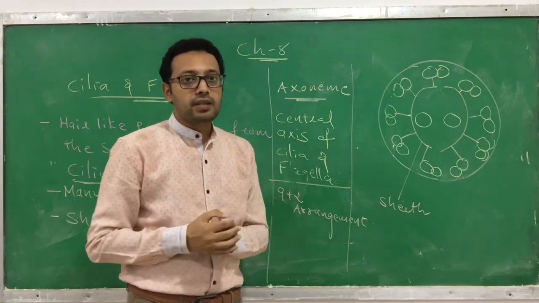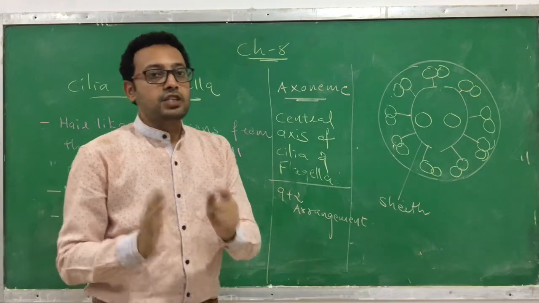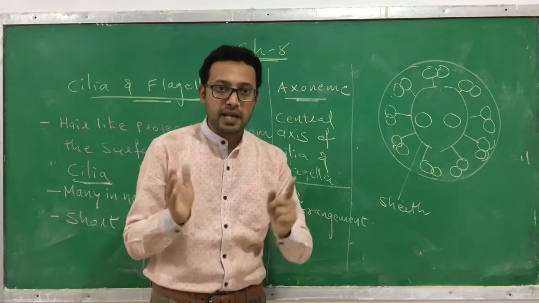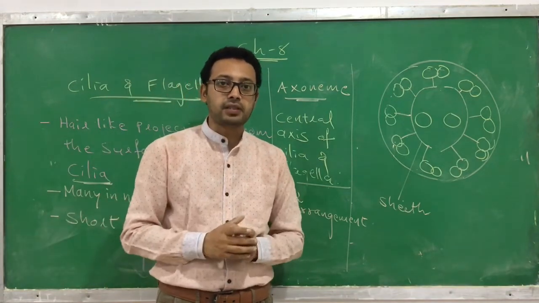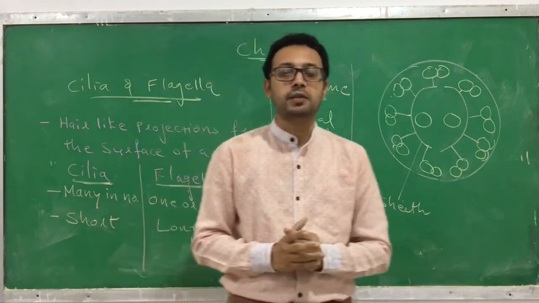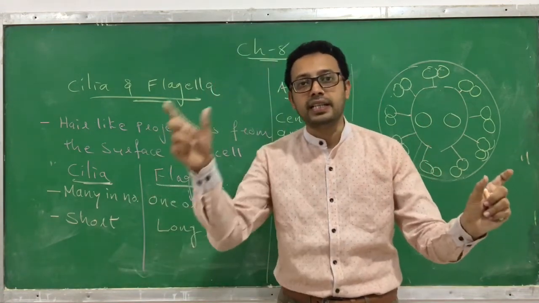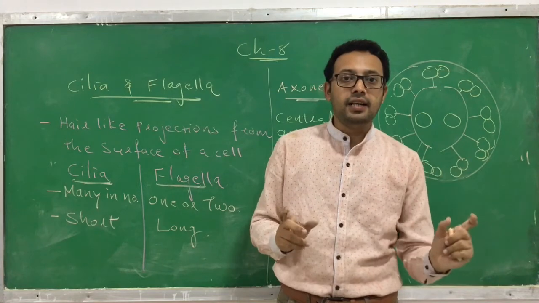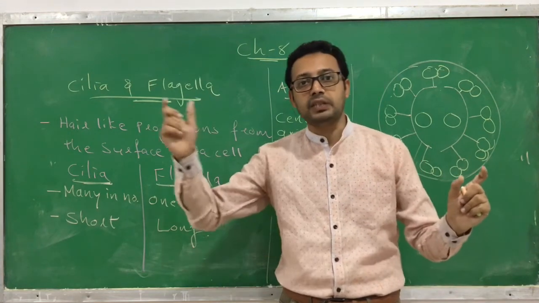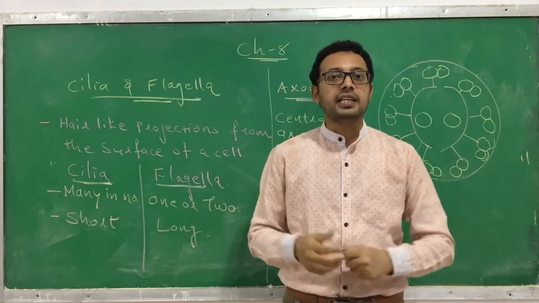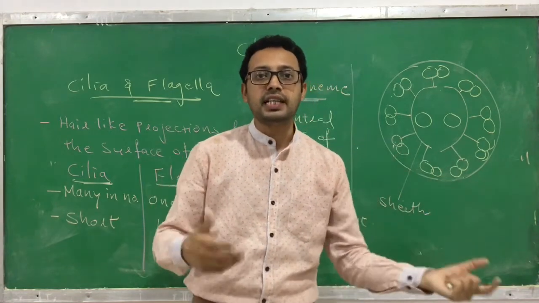Remember, paramecium possesses cilia. I will tell you the examples, which have not been given in the book: paramecium contains cilia, Euglena, E-U-G-L-E-N-A, possesses flagella, and bacteria possess both cilia and flagella.